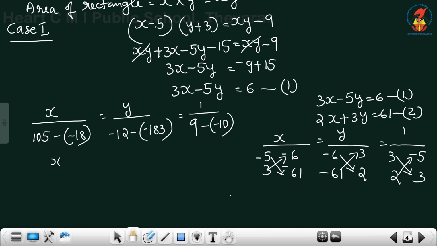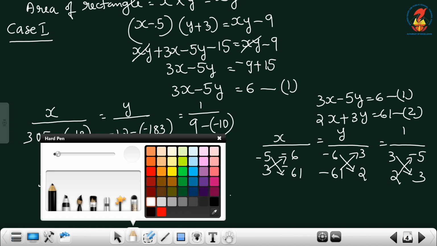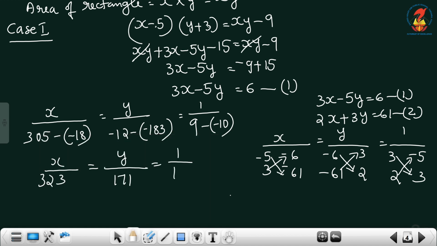Okay, x divided by 323 equal to y divided by 171 equal to 1 by 19.